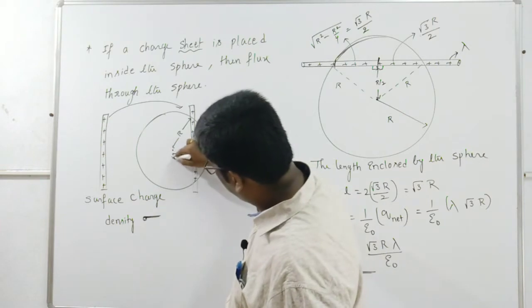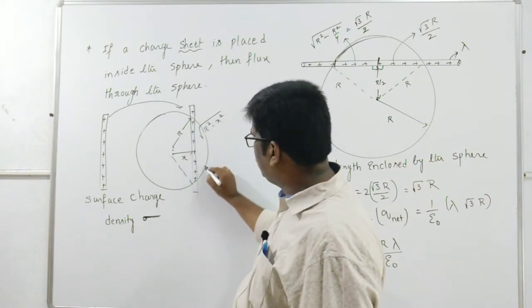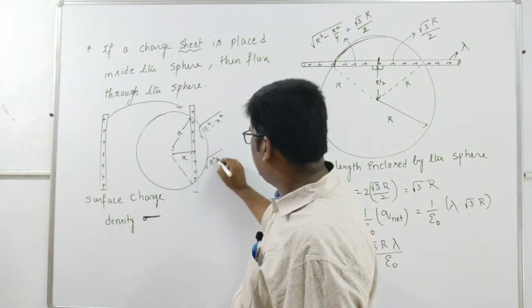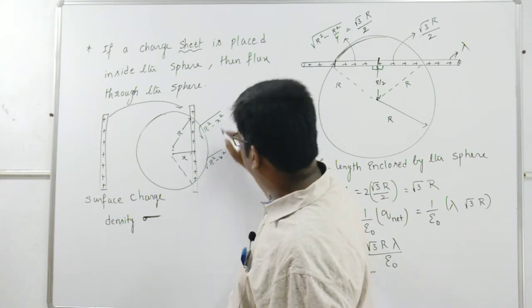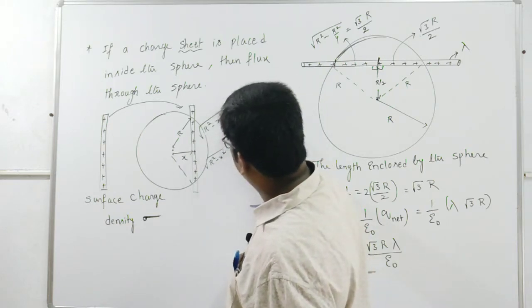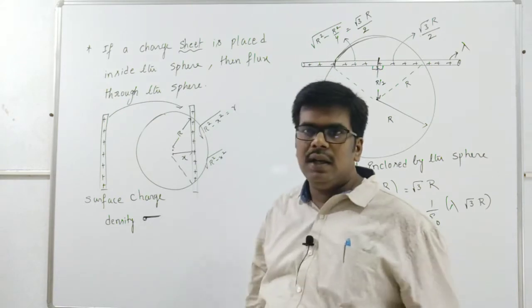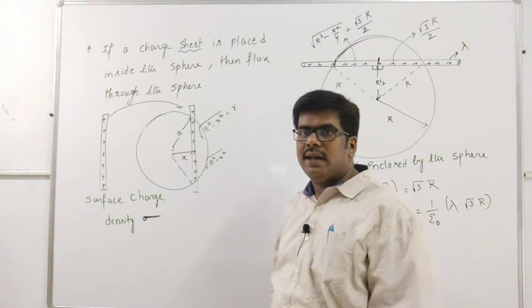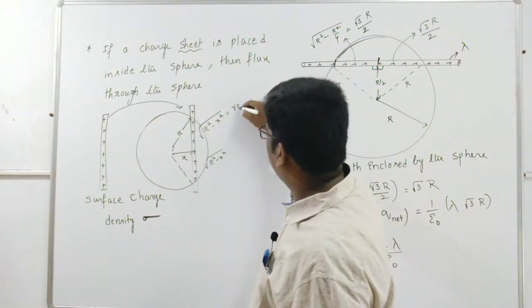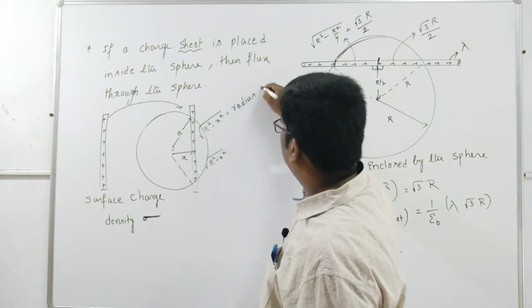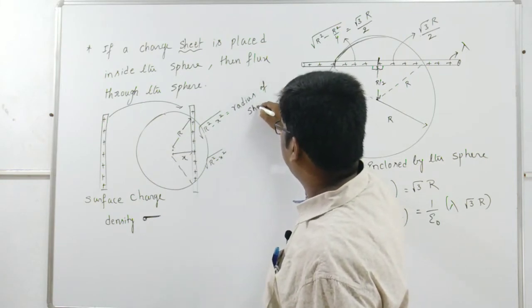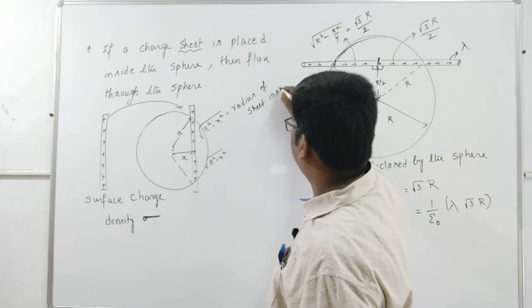In the same way, on this part, this is also root over R square minus x square. So this root over R square minus x square is nothing but the radius of the sheet present inside the sphere.